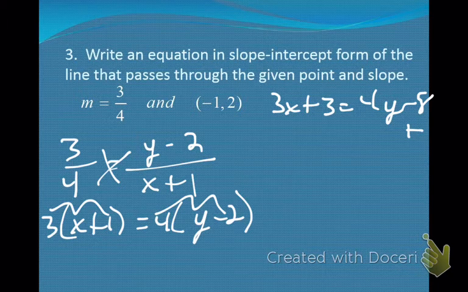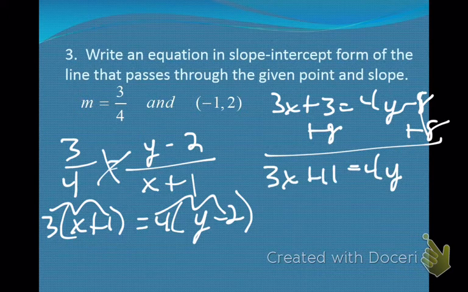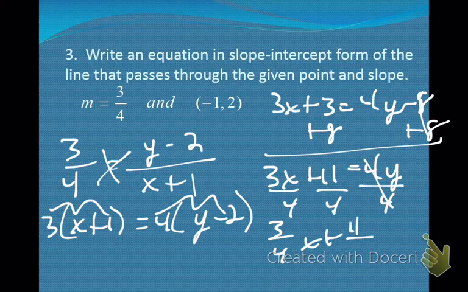Now add 8. And you got to add the like terms. So we get 3x plus 11. Divide everything by 4. And so y ends up being, and I'm going to, well, I don't want to turn this around. So we get 3/4 x plus 11/4 equals y.